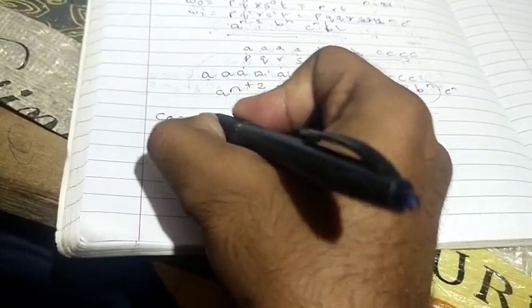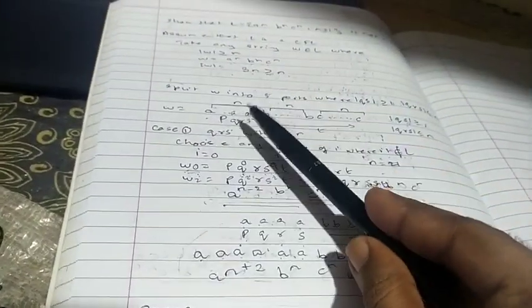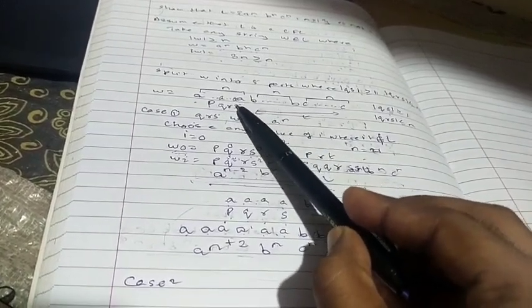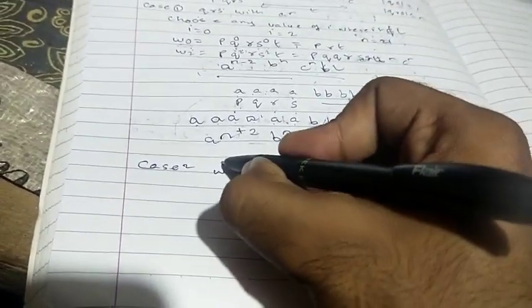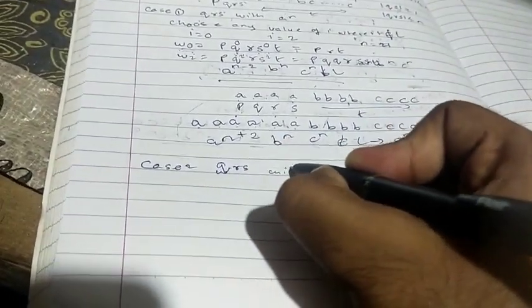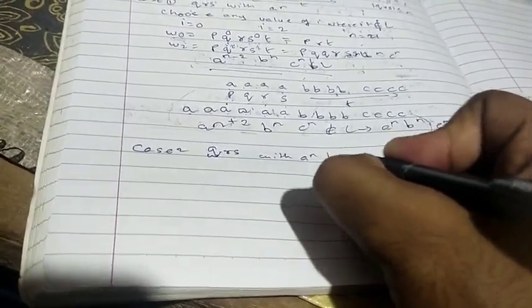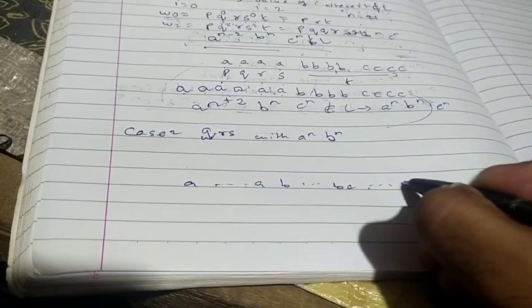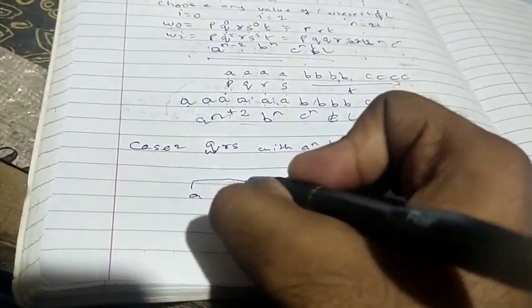So case 2: QRS is between A and B. We will draw A, B, B, C, C. Sorry for my diagram.